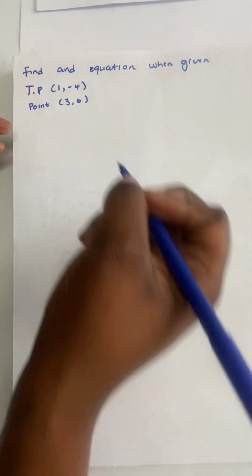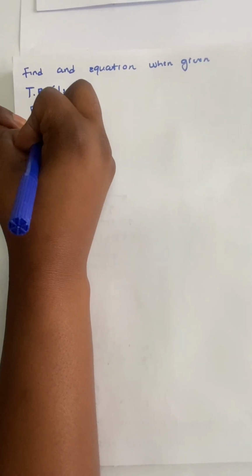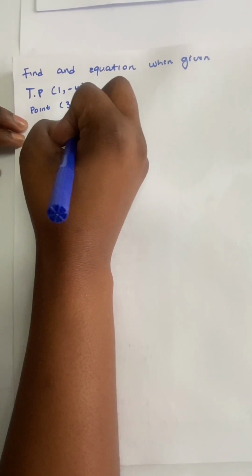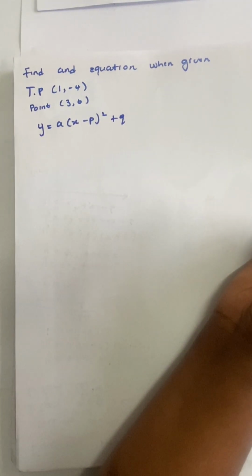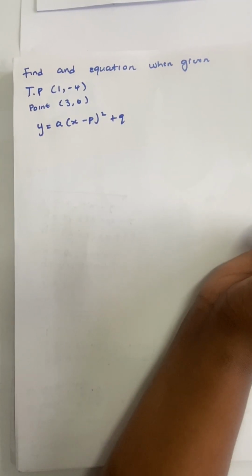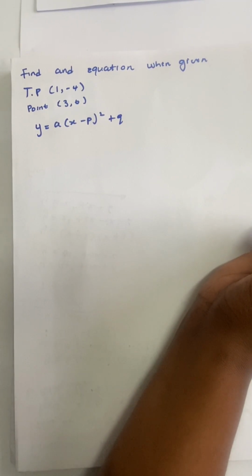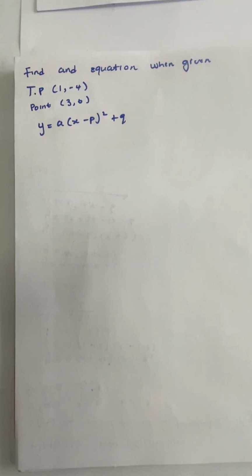Remember the vertex standard form from my previous video: y is equal to a into x minus p squared plus q. I always advise my students to start with this, and then everything will flow.